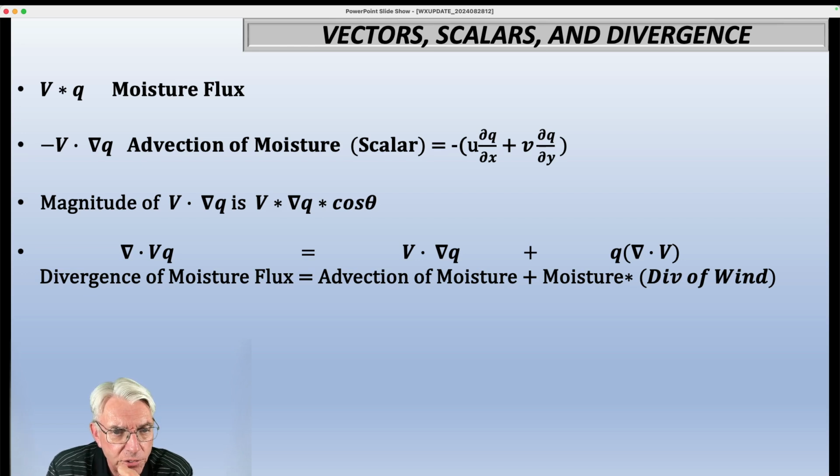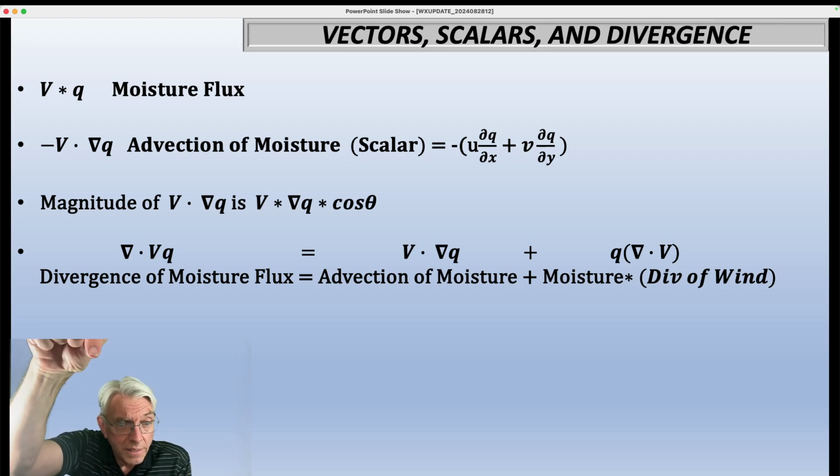plus the v component of the wind times the change in moisture along the y-axis, okay? And the magnitude of that advection is going to be the value of the wind times the value of the gradient times the cosine of the angle between them. Now, think about this. Let's say you have east-west temperature lines, so the gradient will be pointing due south toward higher values, perpendicular to those lines.